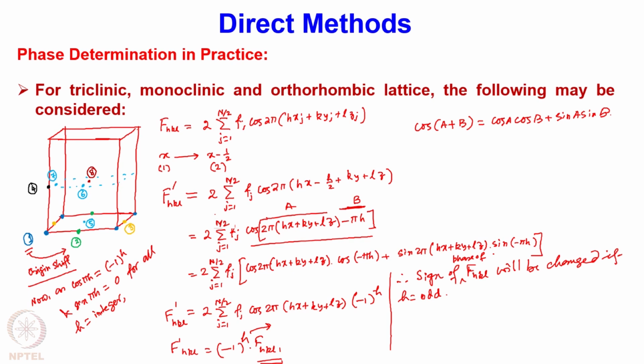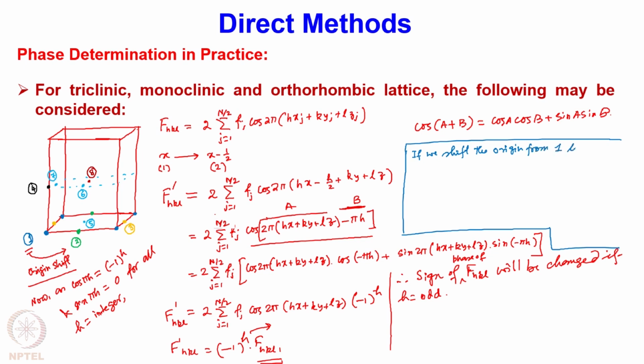So similarly, if we shift the origin from 1 to 5, that means we change it from here to there, what will happen is we will arrive at an expression F hkl prime is equal to minus 1 to the power h plus k F hkl.